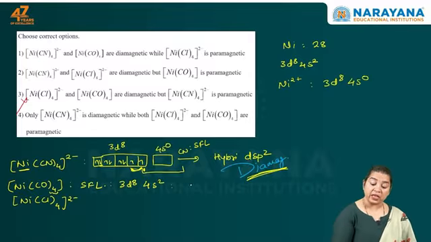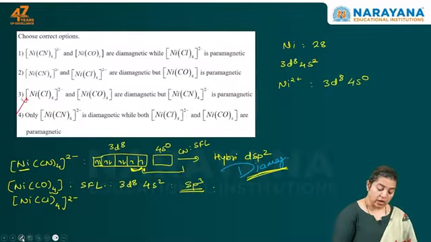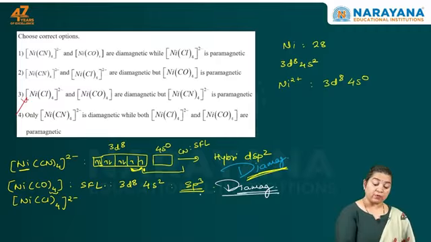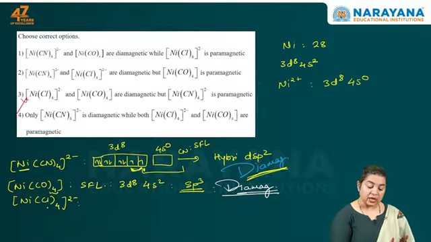Even if pairing is done, the hybridization will be sp3, but the number of unpaired electrons is going to be 0, so again we call it a diamagnetic compound. I want Ni(CN)4 and Ni(CO)4 complexes as diamagnetic, and if so, option number 1 seems to be okay. Let us check this last one, NiCl4 2 minus.